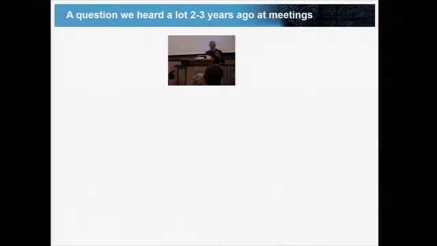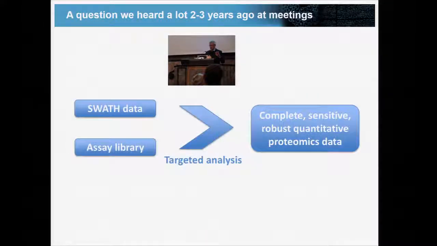So what motivated us to think about this was, when we started presenting this SWATH principle at meetings two to three years ago, maybe four years ago, we would go out, or Rudy would go out, and we would try to make the point that if you have some SWATH data and you have an assay library and you put these together and do a targeted analysis, then you get nice, complete, sensitive, robust quantitative data, which is what we've been trying to convince you about.